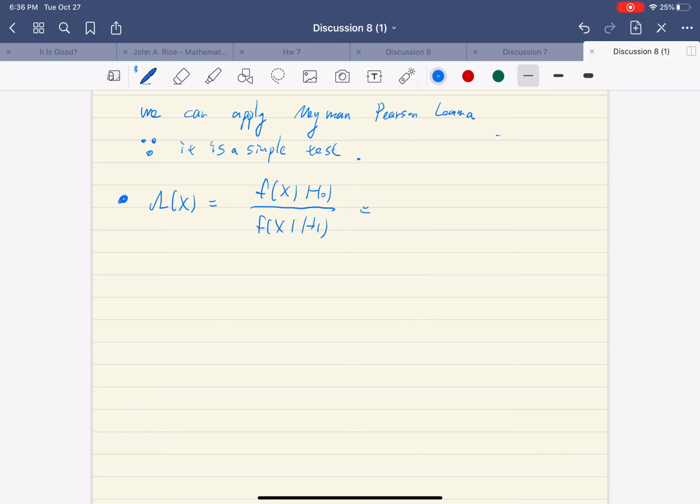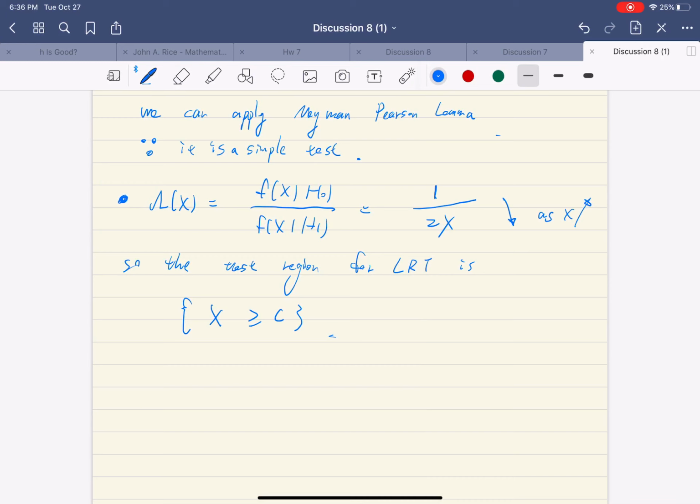For this question, the numerator is 1 and the denominator is 2x. So this is a decreasing function as x goes to infinity. So the test region for the likelihood ratio test is x greater than some constant c.